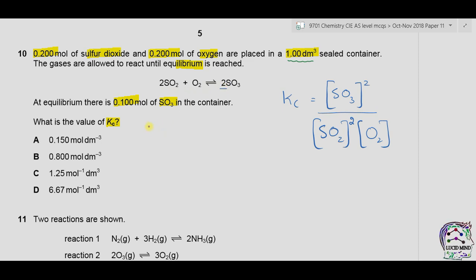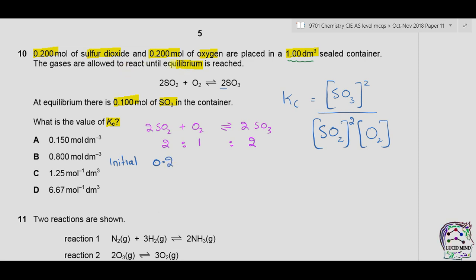We can write the balanced chemical equation. We have SO2 that reacts with oxygen to form SO3. The mole ratio is 2:1:2. Initially, the amount in moles is given. So we can write the initial number of moles of SO2, which is 0.2 moles.